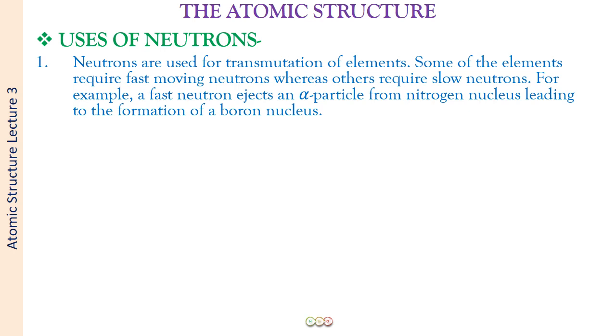So this is what we mean by the term transmutation of elements. Here neutrons play an important role, and some of the elements require fast moving neutrons for the transmutation, whereas others require slow neutrons. For example, we have a nitrogen nucleus being bombarded by a fast moving neutron to eject an alpha particle and form a boron nucleus.